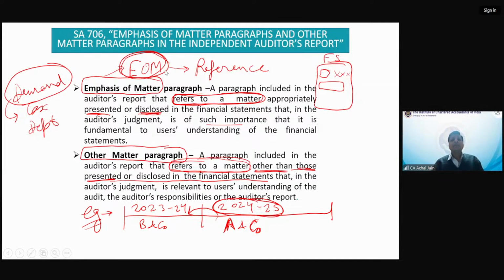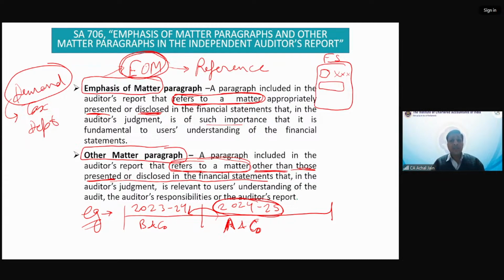Tell me. Pallavi says no. Bhaskar says no. Right? But in the financial statements for 24-25, will there be a column for 23-24 or not? Yes or no? Yeah. And which is again a very, very important component of the financial statements.